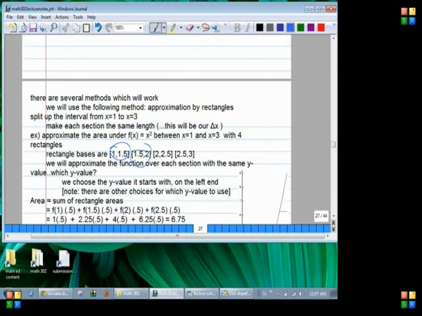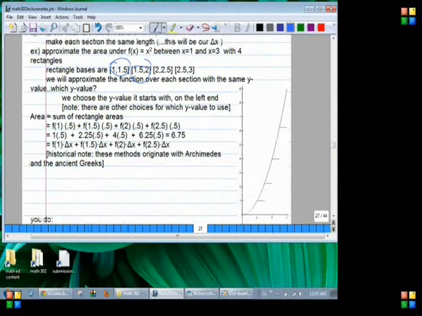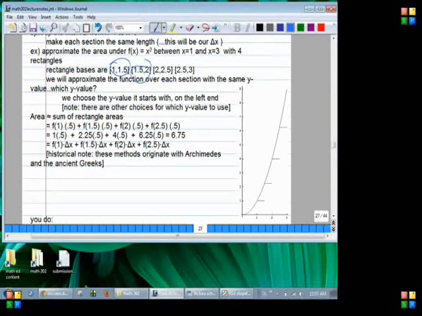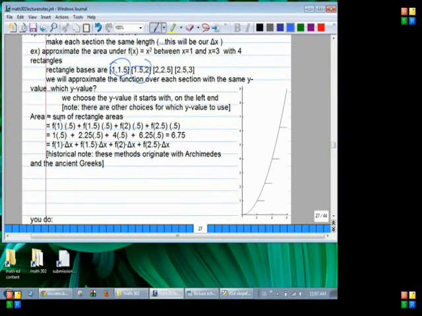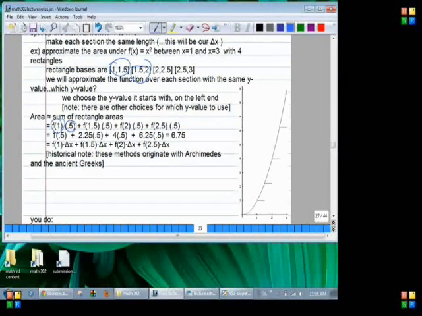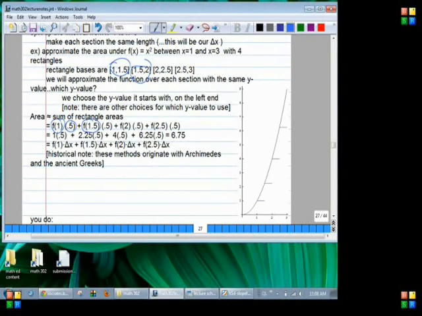So long story short, here's the picture with the rectangle tops indicated, and there's how you're going to write out the calculation. So the first rectangle, there's the height, there's the width, multiply, get the area. Second rectangle, there's the height, there's the width, multiply to get the area. Third rectangle, fourth rectangle, etc.